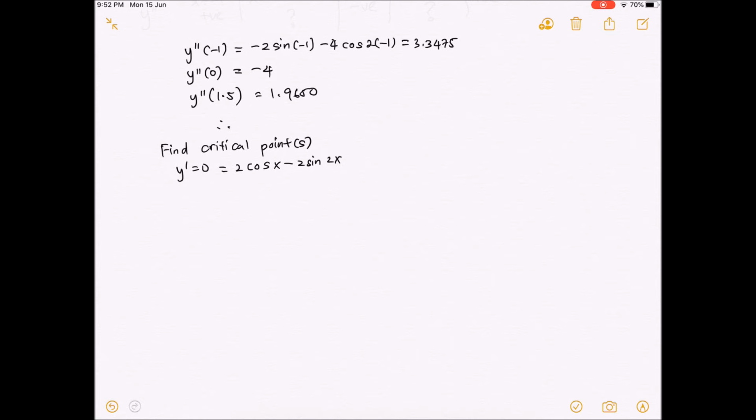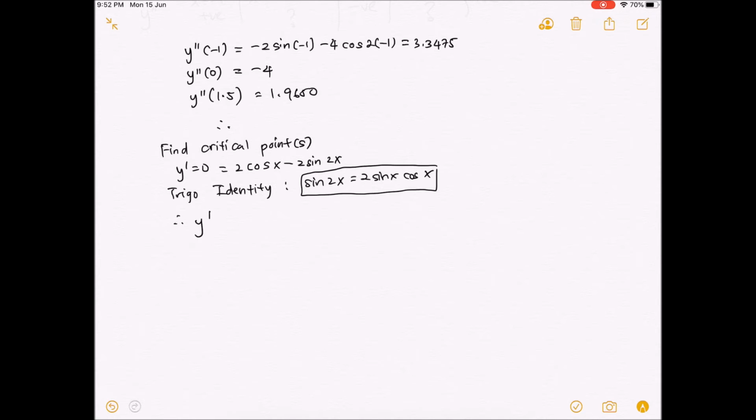Again, I'm going to use a trig identity, which is sin 2x equals 2 sin x cos x.